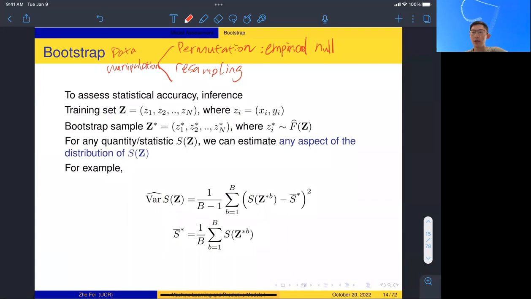We are only given the sample size 1 through n, but through resampling, we could mimic the data we have, in order to derive more statistical properties from the data we have.